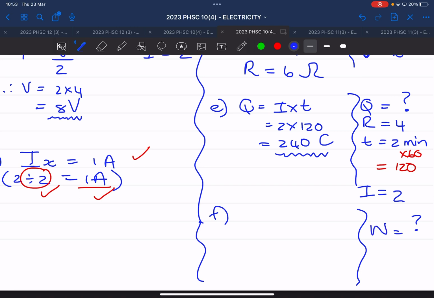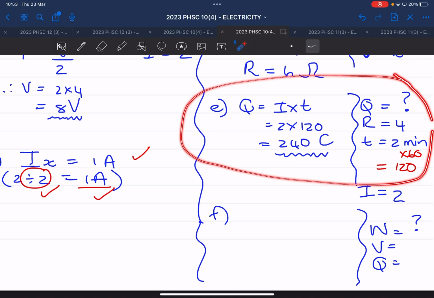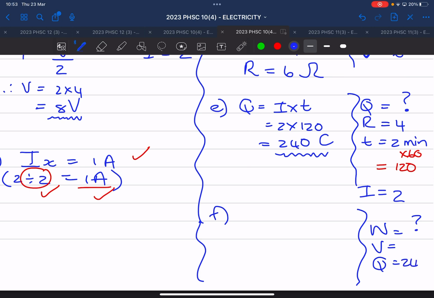W. Alright? In that formula, what else do we need? Say again? V. And we need Q. What 2 minutes? The 2 minutes in the previous question. In the previous question, what was Q? We calculated to be 240. So Q is 240.